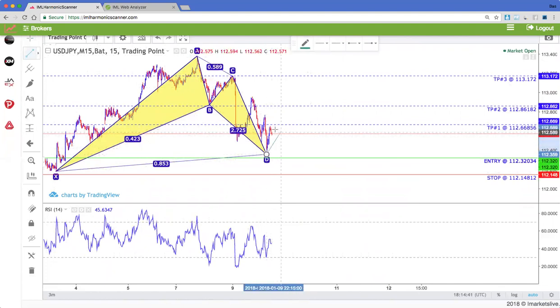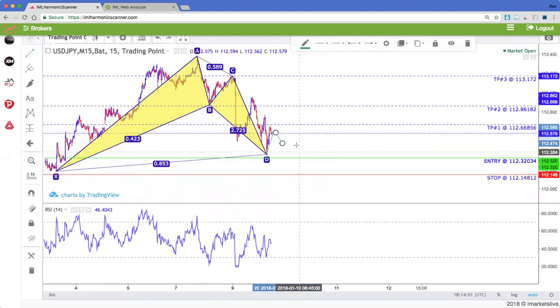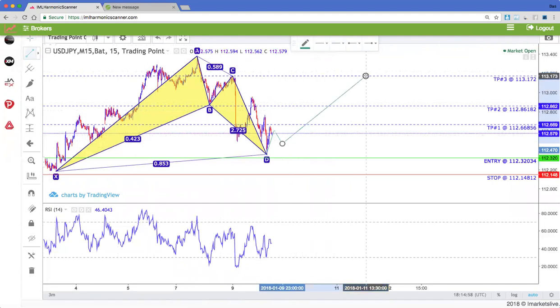In this case, we see it goes up first, then it goes down again a little bit, and then we expect it to go up again. That's option one.